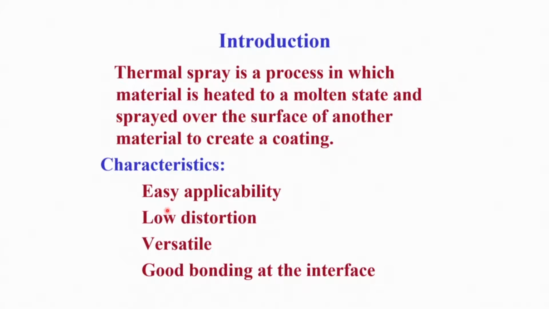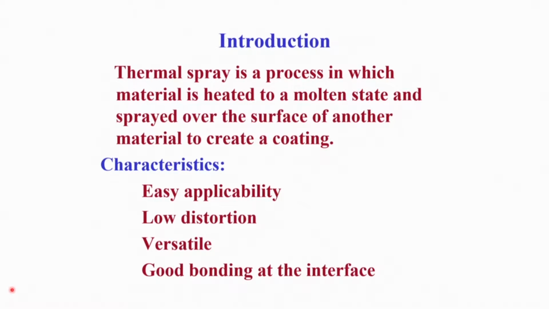Thermal spraying is a versatile technique which can take care of deposition of low melting material as in hot dipping, as well as high melting point material as in weld overlaying. Here again the material is melted and subsequently coated onto the surface of the substrate by spraying. This technique is very easy and versatile in nature.